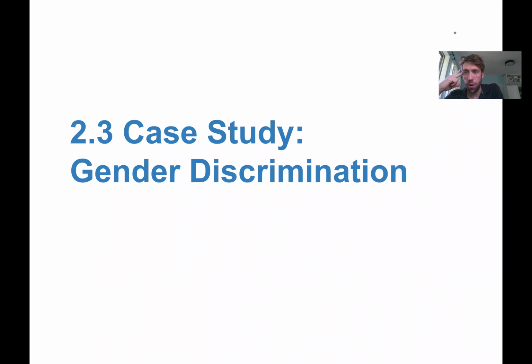All right, so this is section 2.3, and this is going to be kind of a case study and an introduction to probability. Chapter 3 is when we're going to talk about probability, and this is an introduction to that. It's going to give you an intuitive sense about probability.